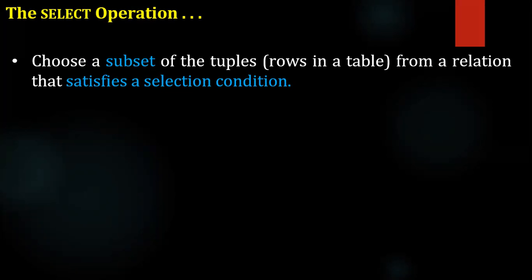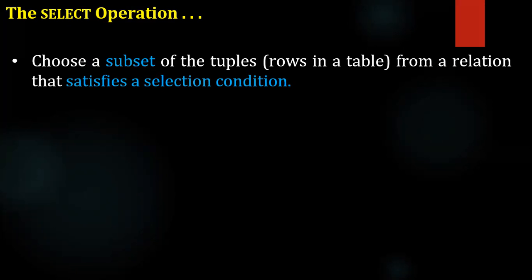For example, if I have a student relation, that is a student table, columns indicate student name, student USN, semester, branch, section, marks.